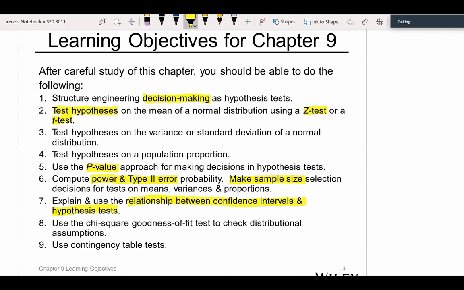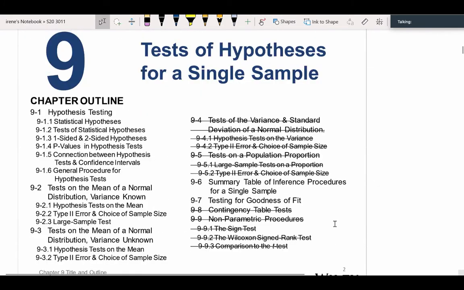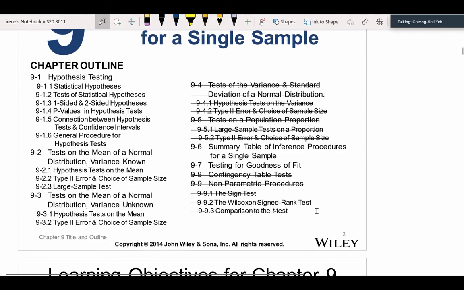Okay, don't worry about chi-square or goodness of fit test. Actually, if we have time, I would like to show you how to perform the goodness of fit test. This is a hypothesis test performed on a given probability distribution. In chapter 3 and chapter 4, we've talked about a lot of different probability distributions. If you remember, normal distribution, Poisson distribution, uniform distribution, binomial distribution.